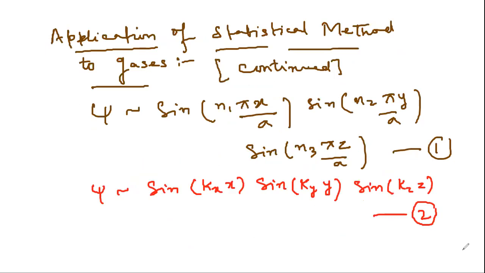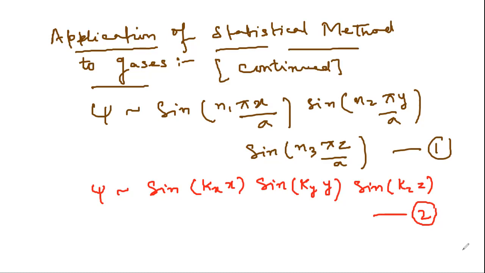I told you when we apply statistical method to gases, it's a different story than that of the application of statistical method to distinguishable particles which were distinguishable by means of their locality. Then we talked about why it is different. First thing, a gas particle is confined to a large macroscopic volume.